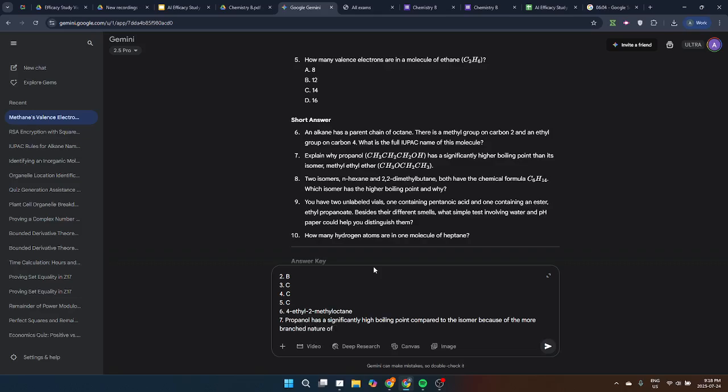Okay, because of the more branched nature of the molecule structure, no, it should be chained, maybe for the molecule structure, which strengthen the effects of the LDFs compared to the isomer, which may have less surface area for electrons to interact.